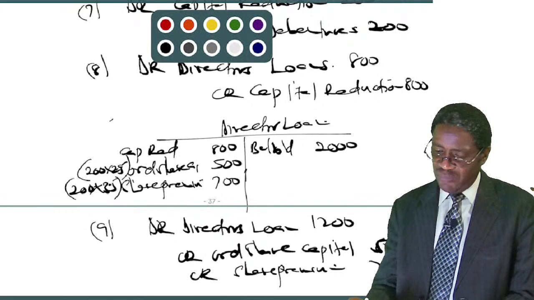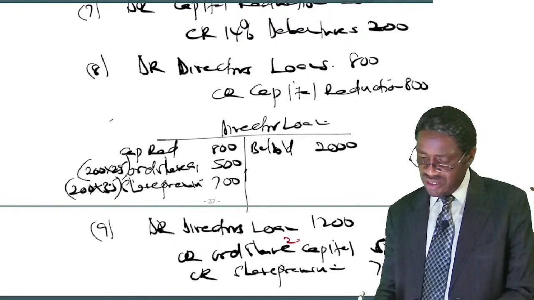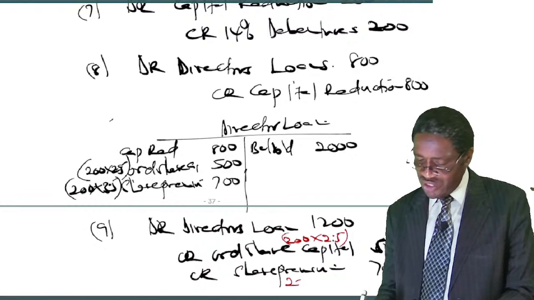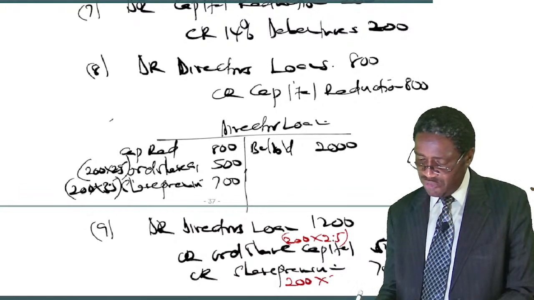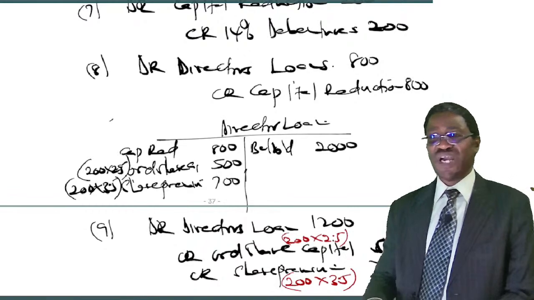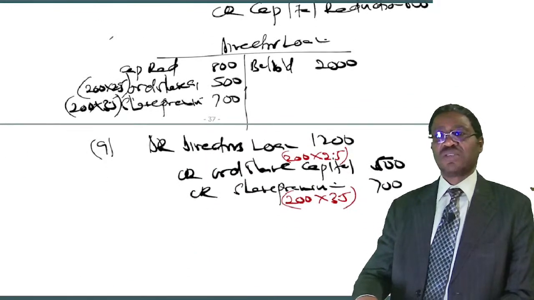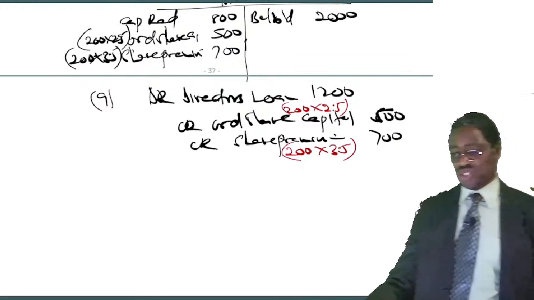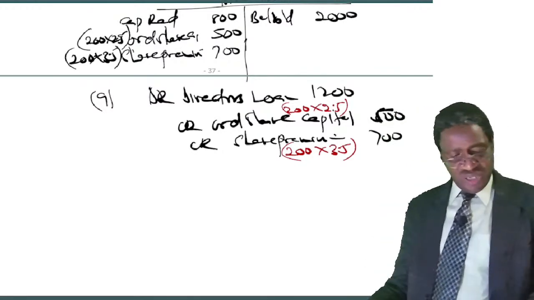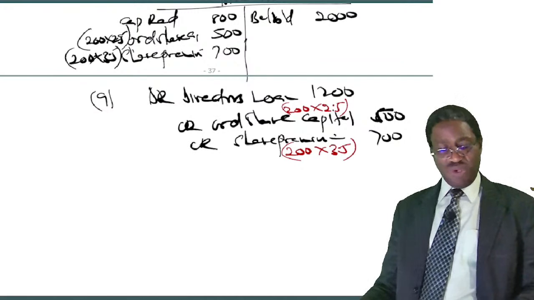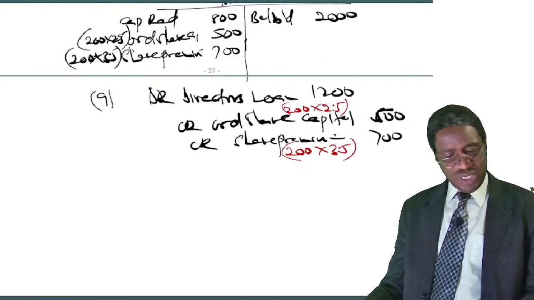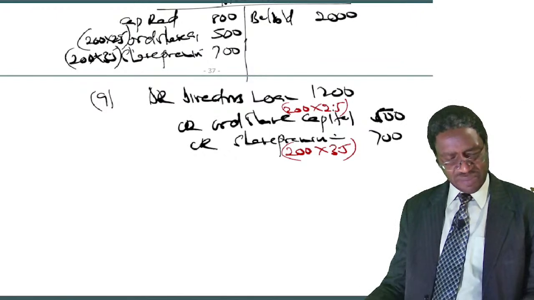For the share capital, we have already agreed it's 200 times 2.5. For the premium it is 200 times 3.5. That's how we are getting it. Good. Then you can put down the narration. Maybe we can even stop there for now. We pick it up from there next time.